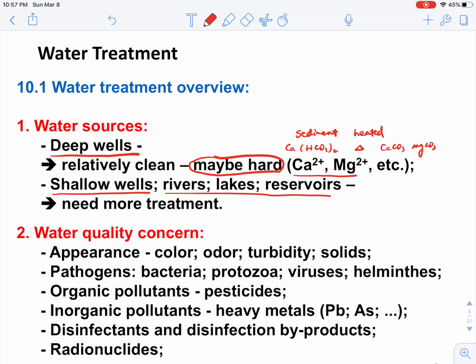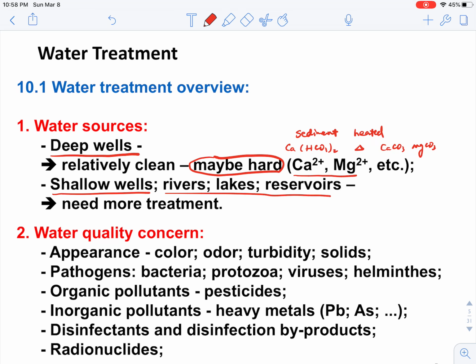And another major source of drinking water is from these rivers, lakes, or reservoirs, or these shallower wells. So for these water resources, the water quality might be worse. This is because there can be a lot of pollutants coming from the air. They can get dissolved into the water, and then it's also accessible for bacteria to live in the water, right?